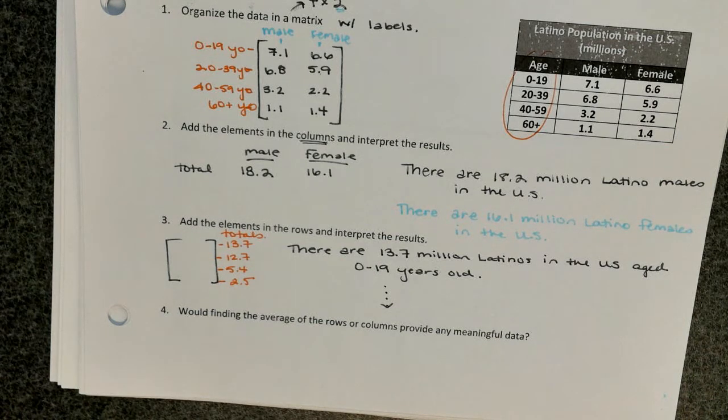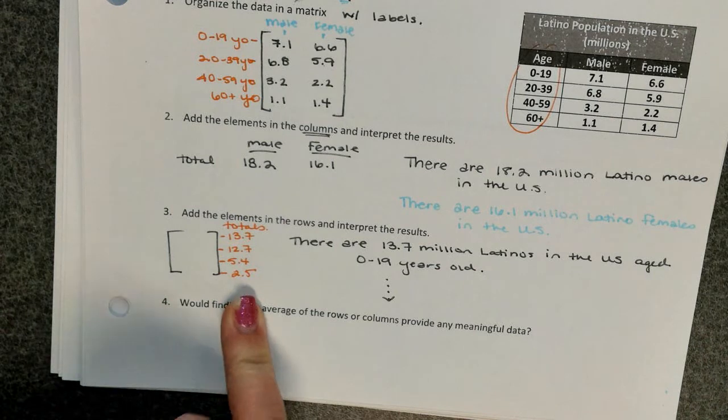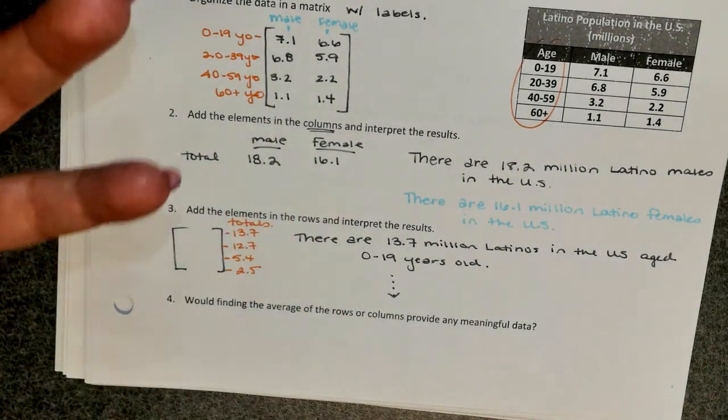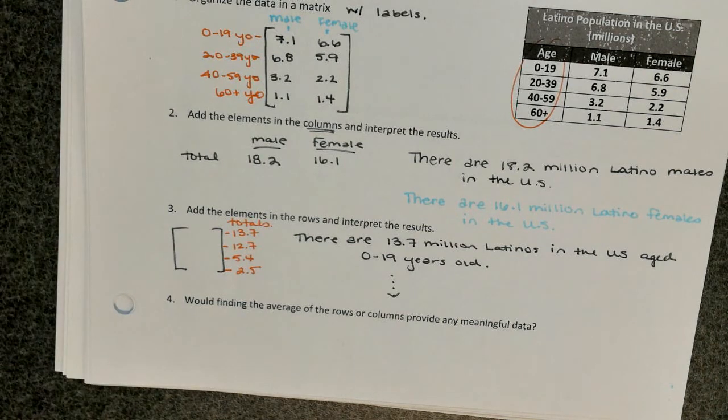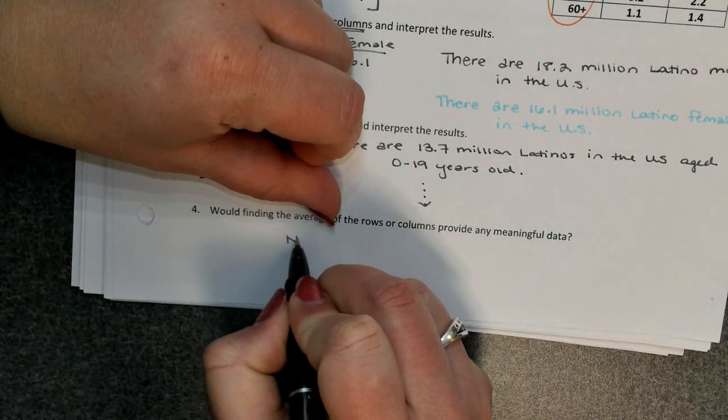In this case, if you were to take the total and find the average, it doesn't give us any meaningful data. Okay? So in this case, if you find the averages, it's not meaningful data.